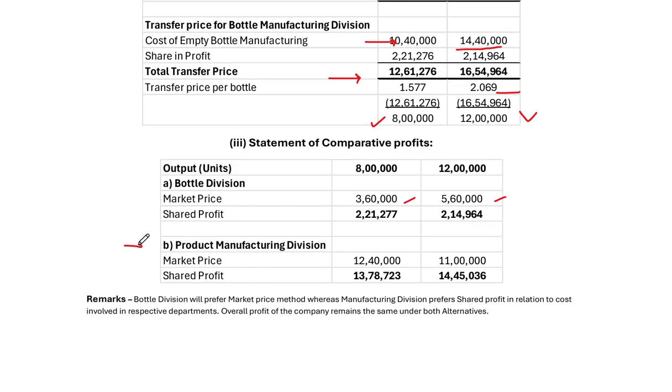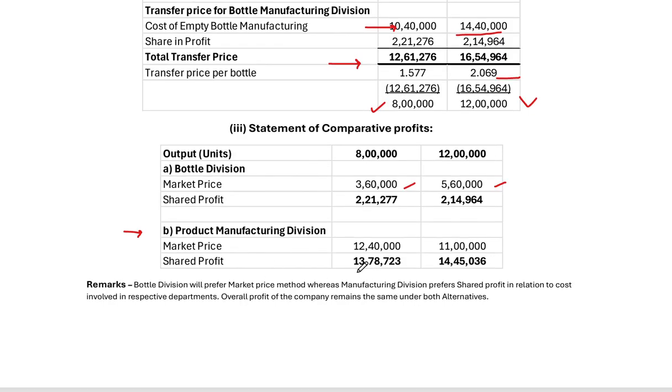Similarly, we will put it here for the product manufacturing division. Market price profit is 12 lakh 40,000 and for 12 lakh units 11 lakh. And the shared profit is 13 lakh 78,723 and 14 lakh 45,036.